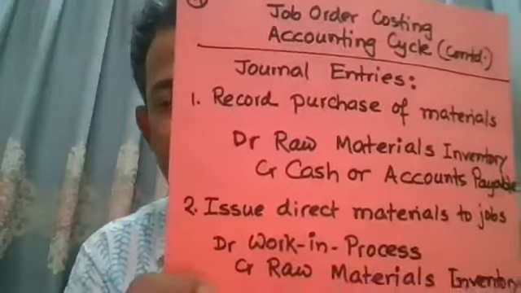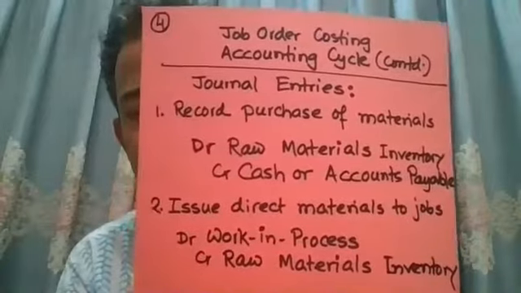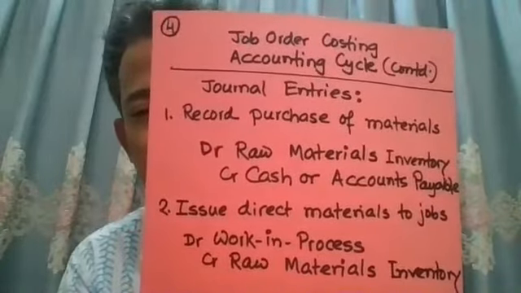So record purchase of materials, we debit raw materials inventory and credit cash or accounts payable. If we already paid for it, then we'll credit cash. If we haven't paid for it, then we're going to credit accounts payable. So your first transaction is to acquire materials, both direct and indirect.